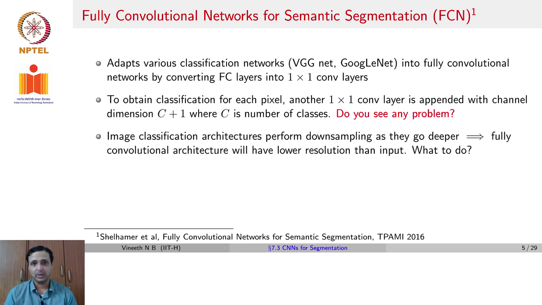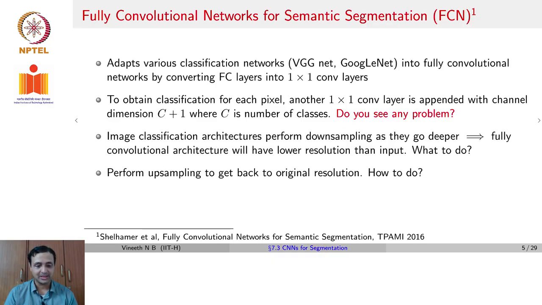But we finally want to give a pixel level label at the input image's resolution. So what do we do? We already know the answer. We can upsample after a certain stage. So you have convolutional layers, and after a certain stage you upsample and bring the feature maps to the same dimension as your input image.